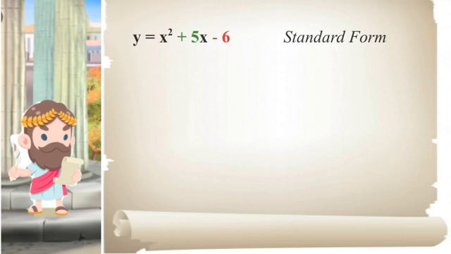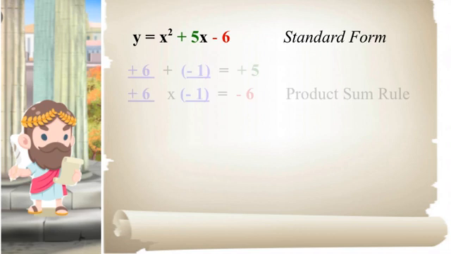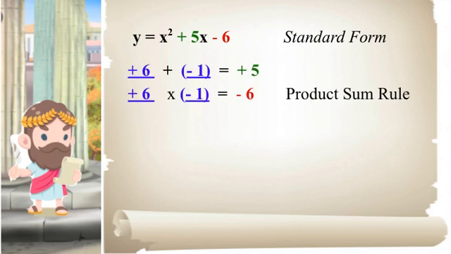Once again, solve this quadratic by finding the x-intercept by first changing it into factored form. Can you think of two numbers that both add to +5 and multiply to -6? Great work, +6 and -1 are correct.